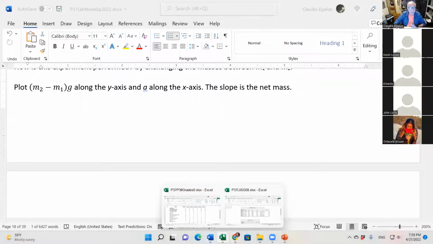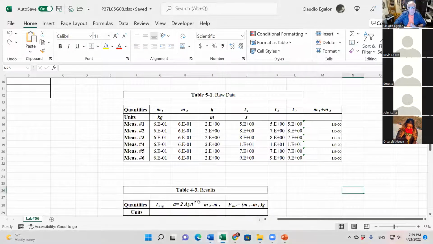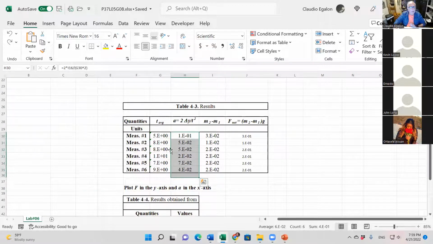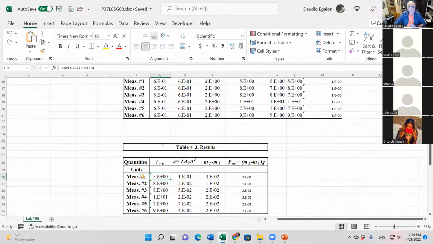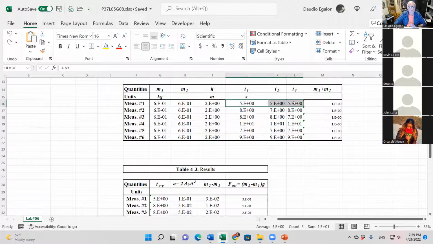The acceleration is calculated right in here. Here is just the average of the times, T1 plus T2 plus T3 divided by 3. Don't forget to get the right number of significant figures for the T average. You may end up gaining significant figures from here to here because you're summing before you divide by 3.